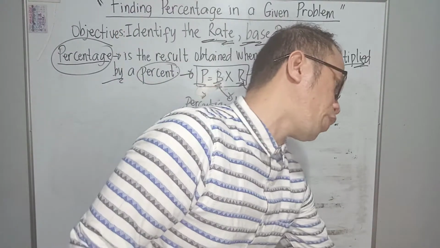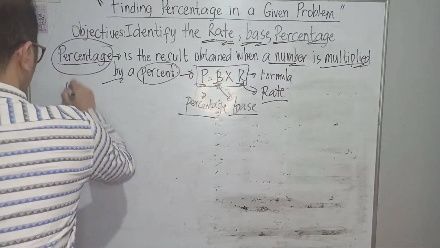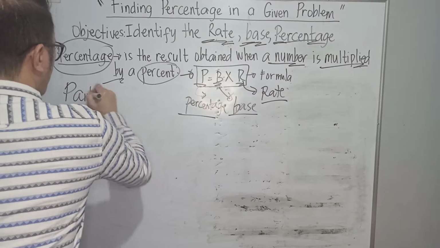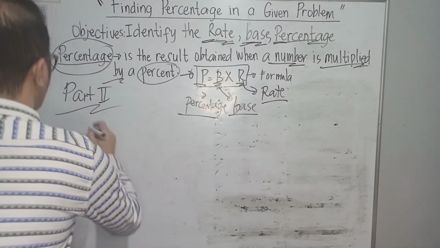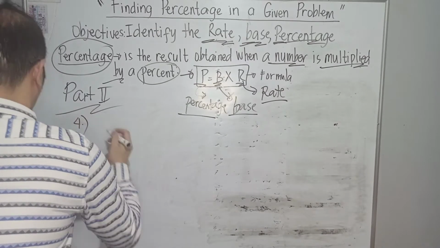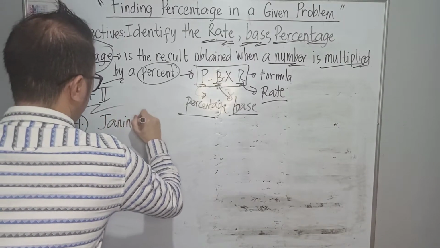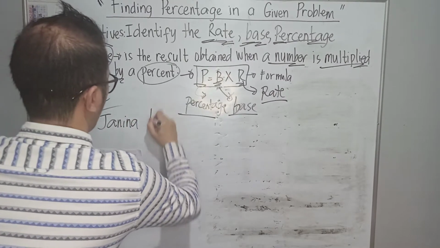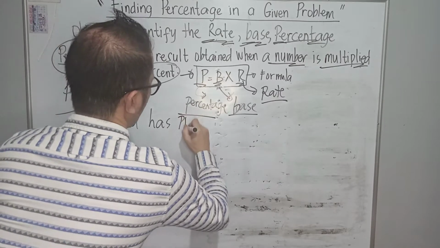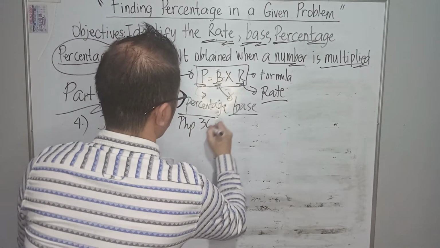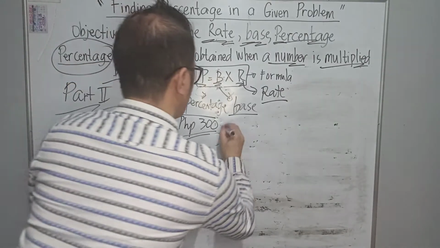Let's proceed to problem number 4. Janina has 300 pesos. When we see PHP, that is 300 pesos.